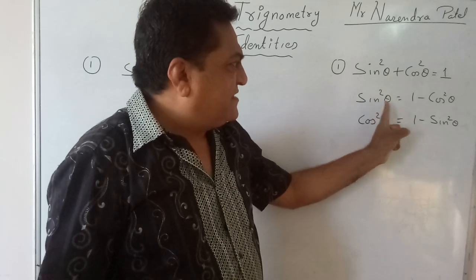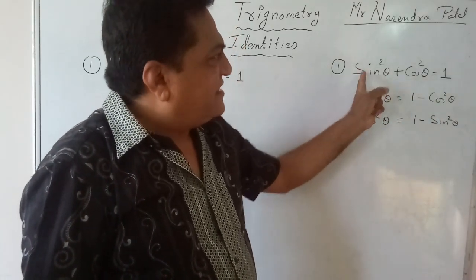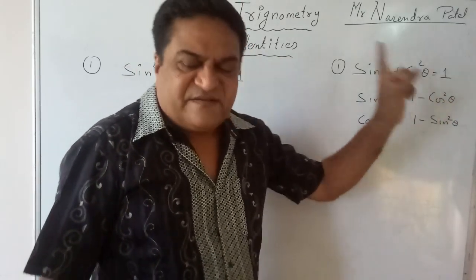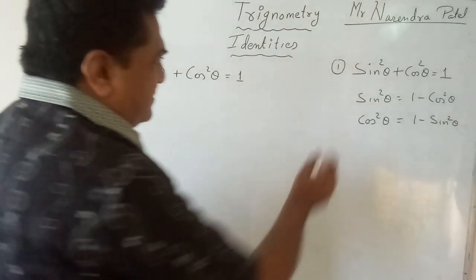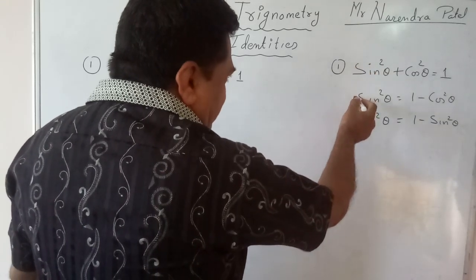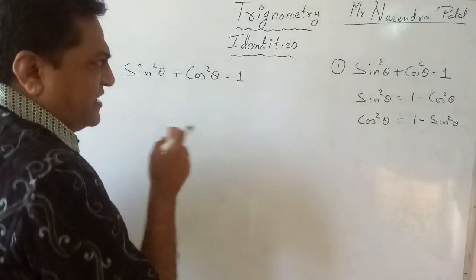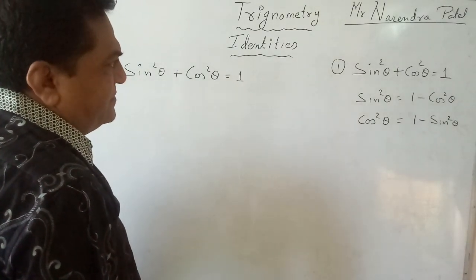So what happens? Sin square is equal to 1 minus cos square. In the next step, I have taken sin square to the other side. So cos square is equal to 1 minus sin square. These three identities you have to remember. The first is the main one, and from that identity two more identities are derived. Now how the second and third identities have come, let me do it for you.